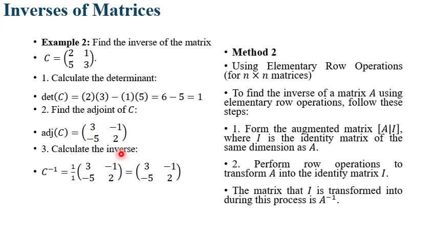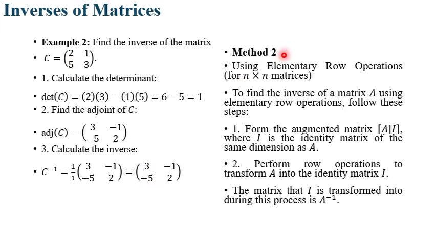So now the inverse of matrix C would be 1 all over the determinant of the matrix multiplied by the adjunct. Of course, the determinant is 1, so 1 all over 1 is 1, and this is the adjunct. So when you multiply 1 by the adjunct, you have this. So this is the inverse of matrix C.